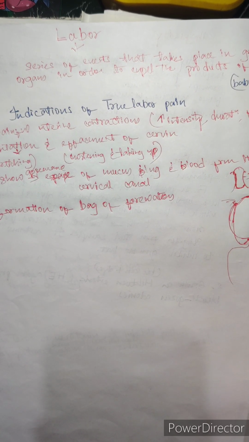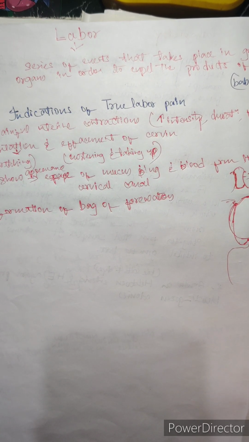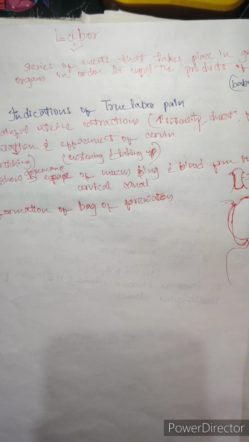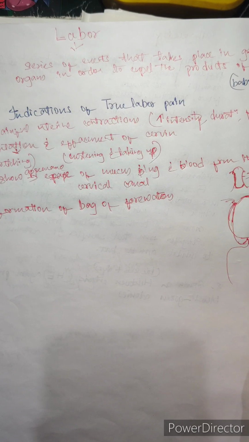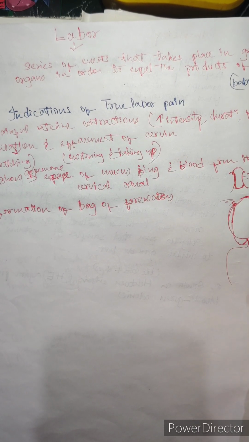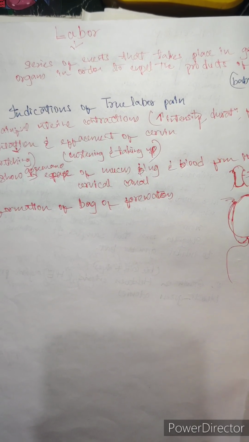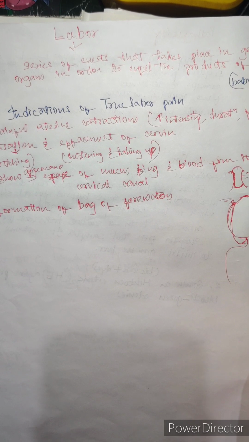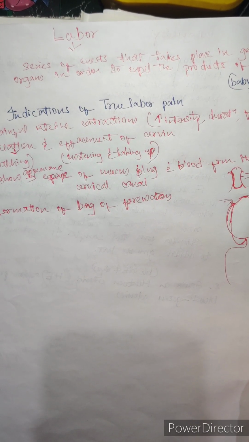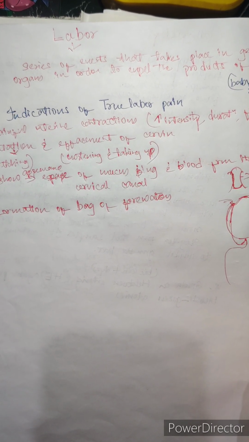Why is the vertex presentation the normal presentation? Due to the weight of the head, which is much heavier than the feet, the head tends, due to gravity, to come to the lower pole of the uterus.